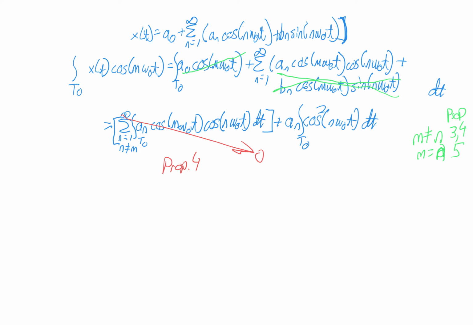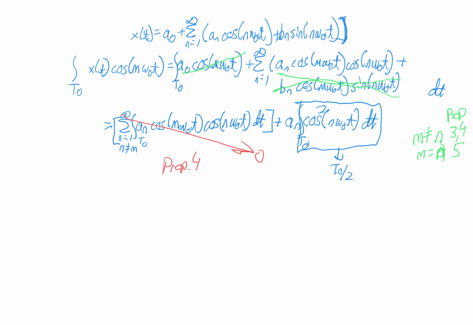So all that is left is the term on the right with the cosine squared being integrated over one fundamental period. And property 7 tells us what to do with that. Property 7 tells us that this integral right here is going to have area t0 over 2.